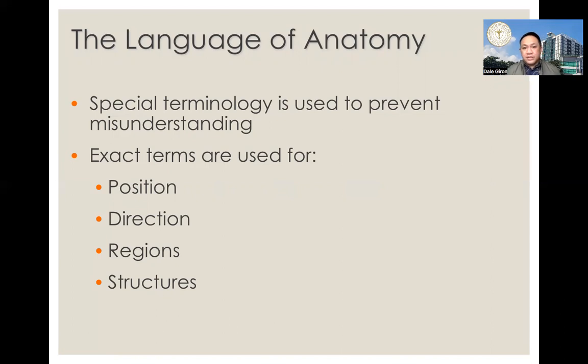The laboratory professors, before they teach you the different organ systems, we have to know exactly some of the anatomical terms or special terminology to prevent us from misunderstanding the anatomy per se. Okay, exact terms are used for the following: position, direction, regions, and the structures. So this will be introduced to you by yours truly.